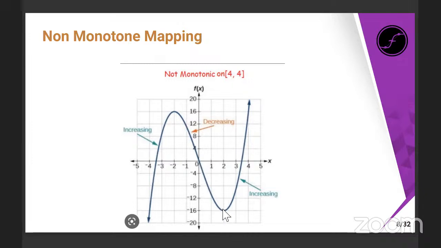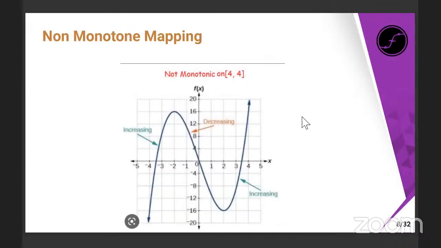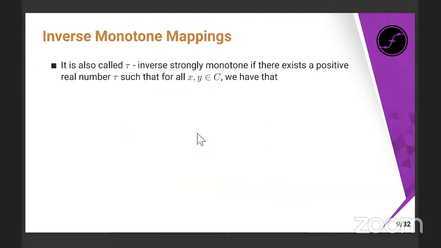We can see that the value of the function at 2 is minus 16, and the value of the function at 0 is 0. So we have 2 minus 0 giving us 2, and minus 16 minus 0 giving us a negative number. So the product of a negative and a positive number will not satisfy this inequality. That is why we can say that this is the graph of a non-monotone mapping.